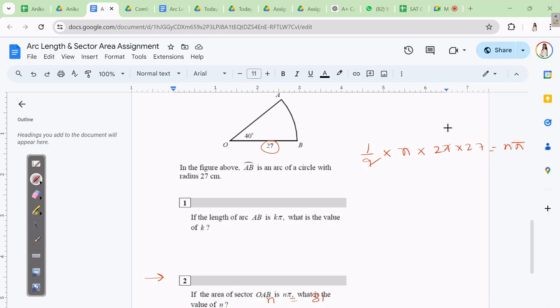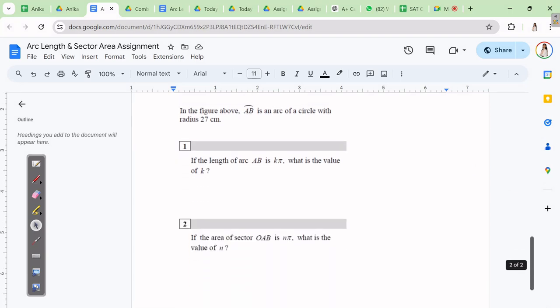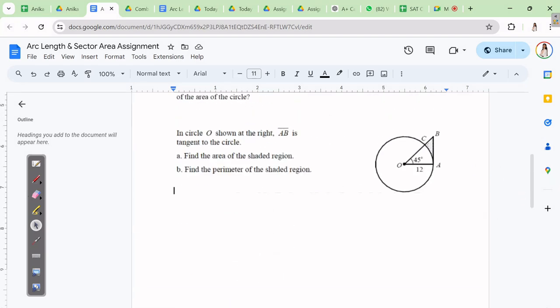This is 3, and 3 times 27 is 81. Yes, this is also correct. Then try to also do part B of this question, Anika. Now let's review the other assignments.